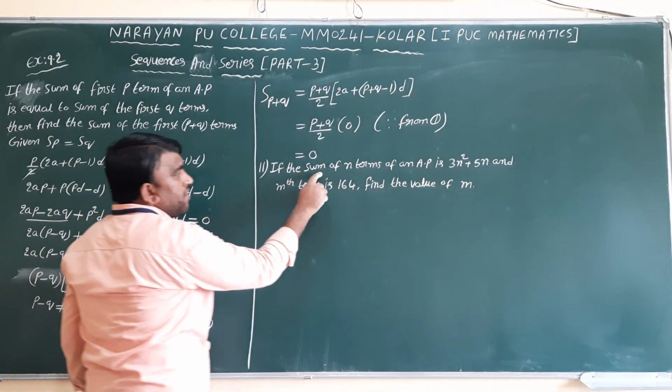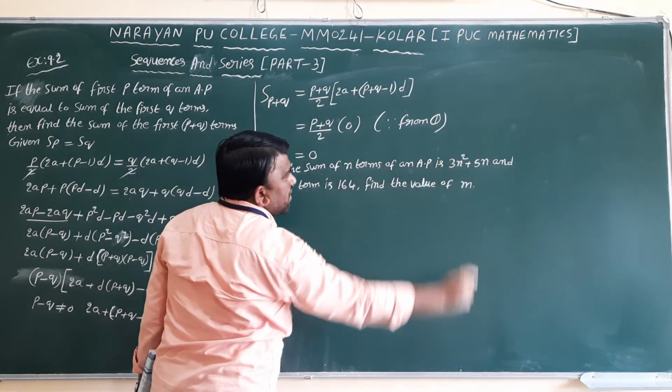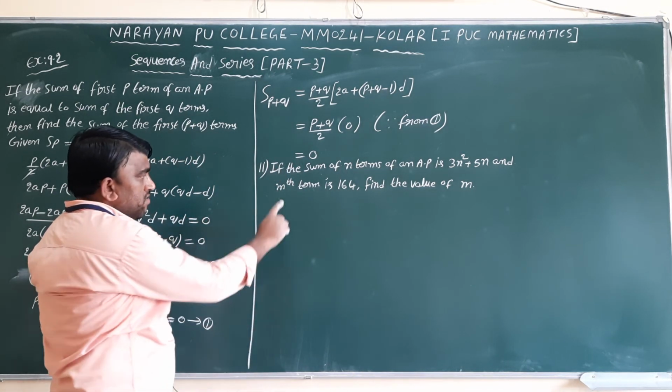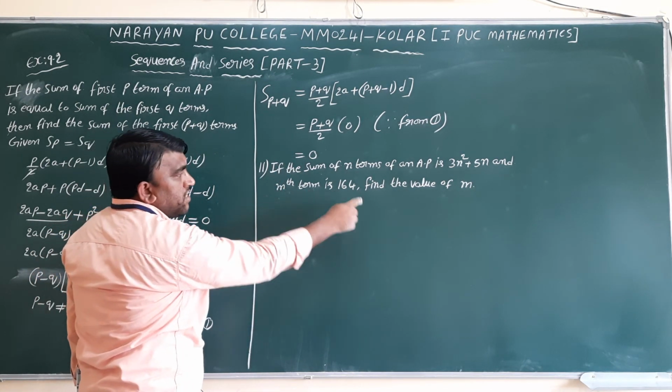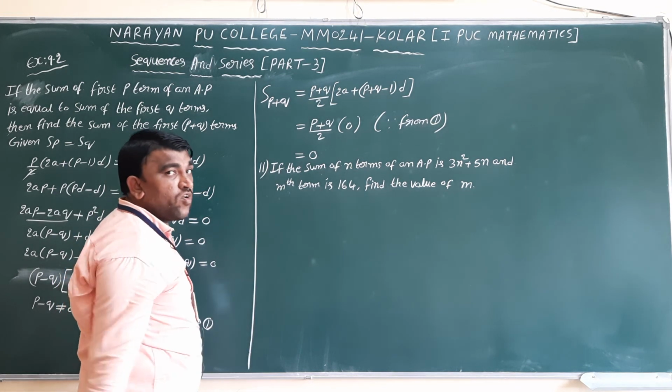Here Sn is given, the sum of n terms is 3n square plus 5n, and the mth term Tm is given as 164. From that we need to calculate m.